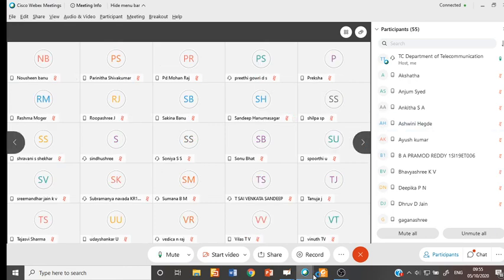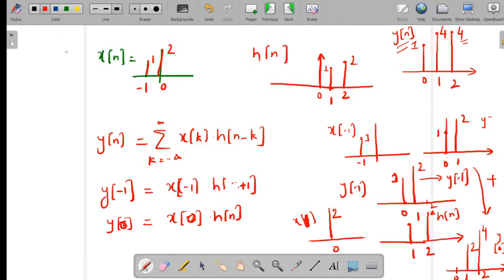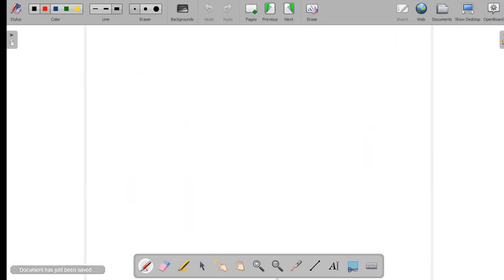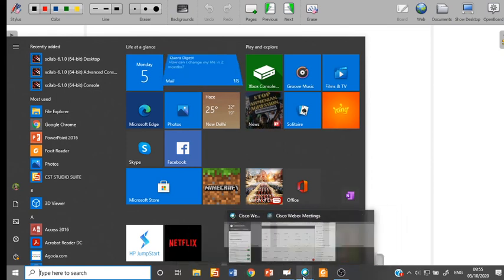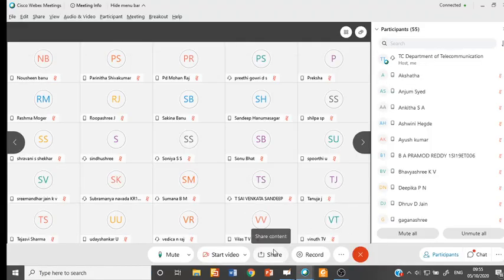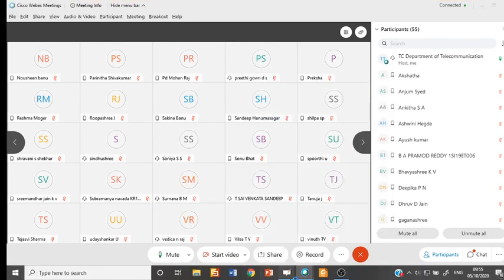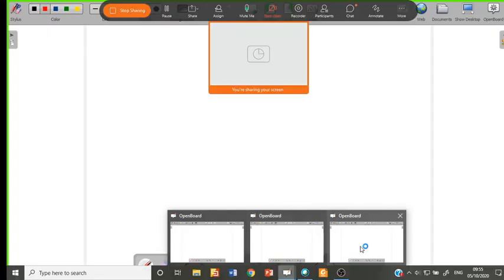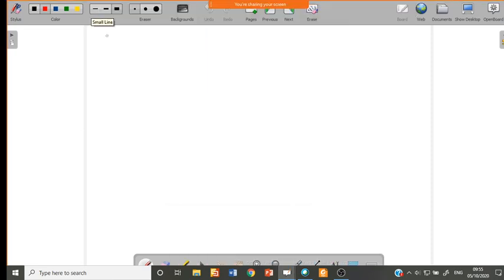So now try to compute this one. I'll just give the problem, just try to solve it, and we'll see what is the answer for that in the next class. Okay. So the problem is x of n.